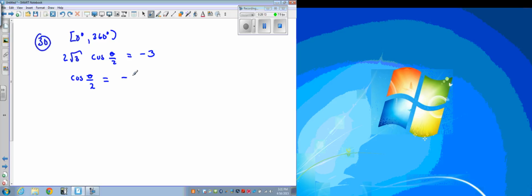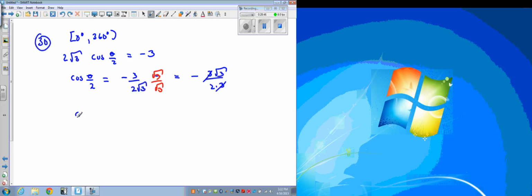This could be a negative 3 over 2 square root of 3. And then you want to rationalize that denominator. So you're going to go square root of 3 over square root of 3. So this will be 3 square root of 3 over 2 times 3, right? So that's going to go out. So square root of 3 over 2.